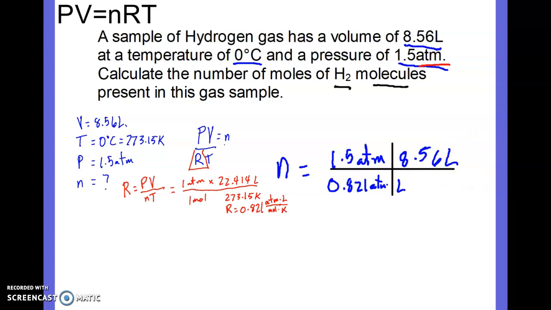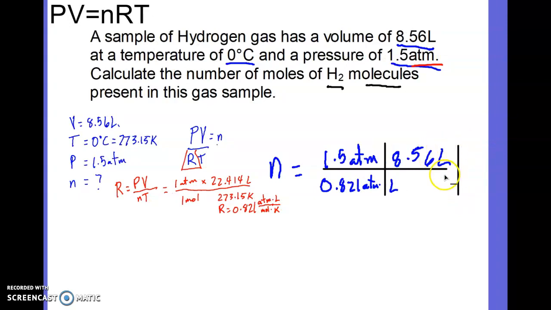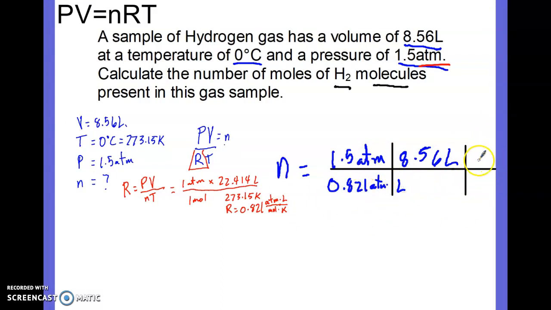So let me just jot on a couple more, just so you can really get a clear picture here. So our atmospheres and liters will cancel there. Per mole Kelvin is in our denominator, so it's going to flip up here. So mole times Kelvin, so you can see that in the blue part there.